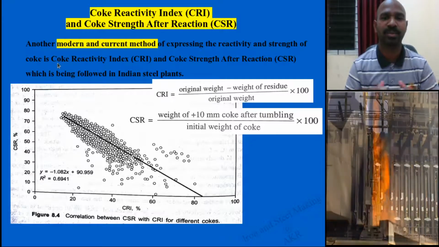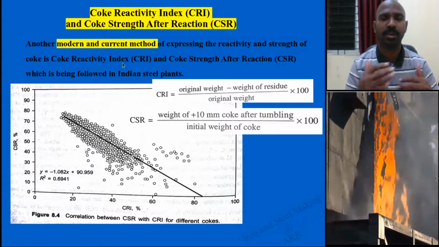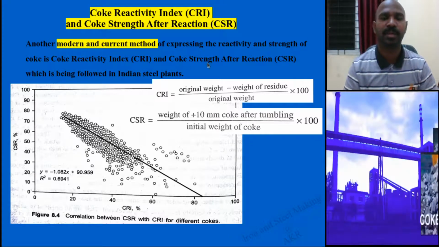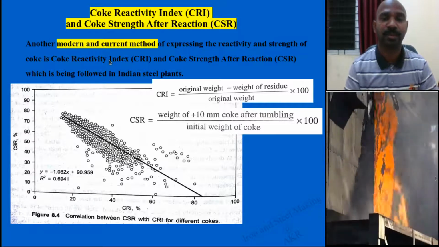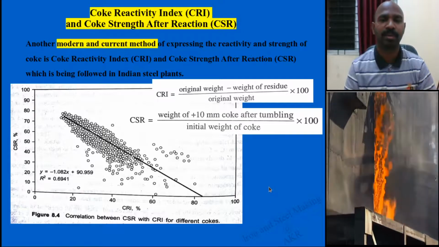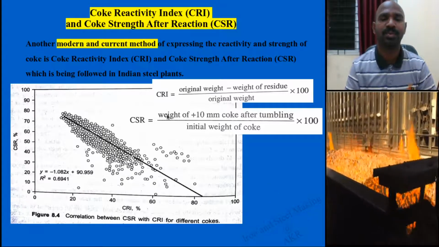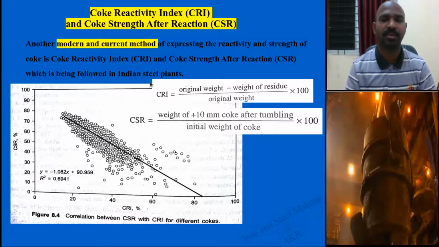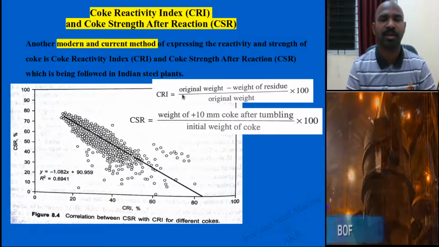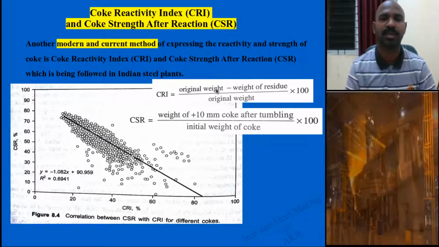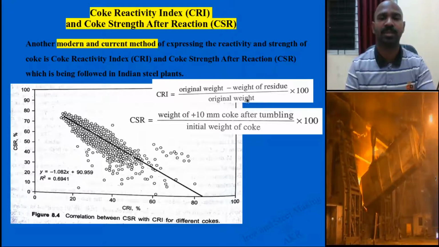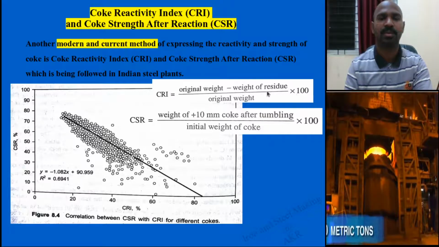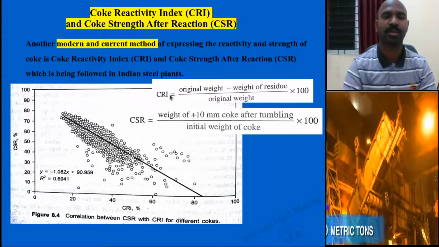The reactivity is assessed with a parameter called the coke reactivity index. The strength is assessed with coke strength after reaction. How do you calculate? These are the principles used for calculating the CRI. CRI value: original weight of the coke minus weight after reactivity, divided by original weight, into 100. You will get the coke reactivity index.